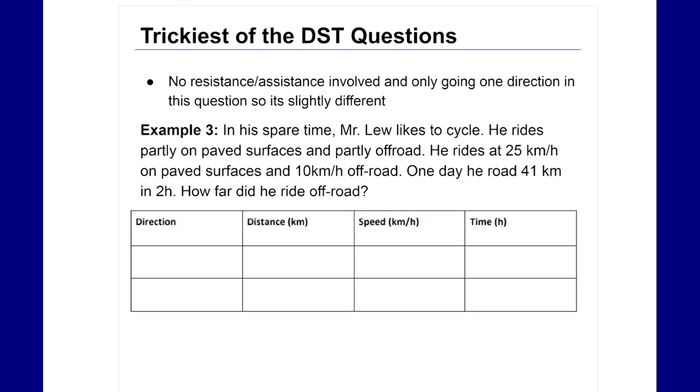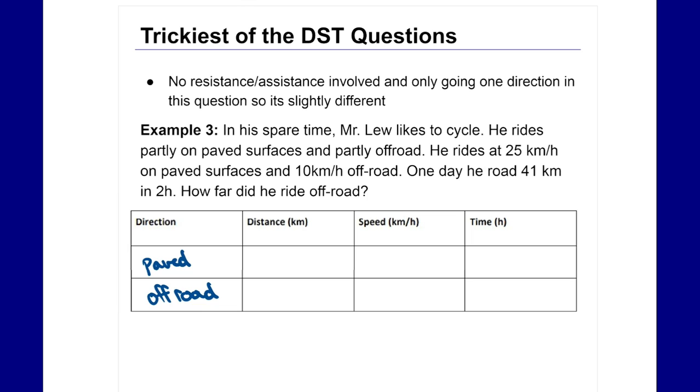So this is a lot more different. This is different because there's a lot less information and we're looking for something else. So what we're going to be doing is, again, looking at two situations. One, we're going to be looking at paved, and one, we're going to be looking at off-road. We have a couple different variables here, right?